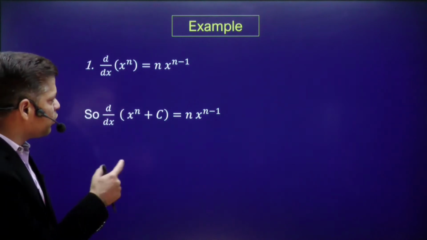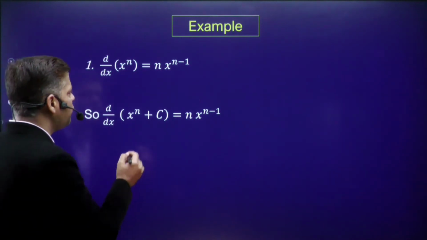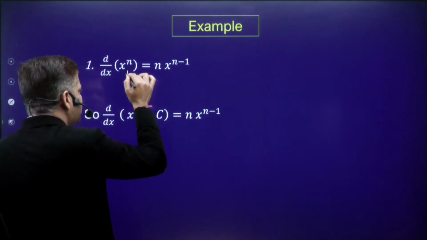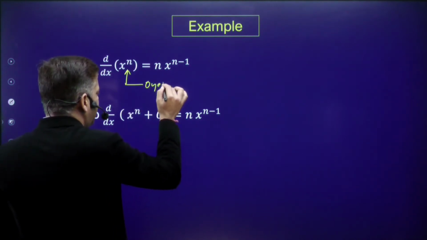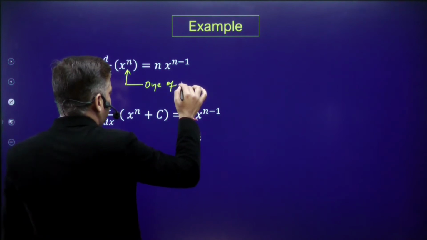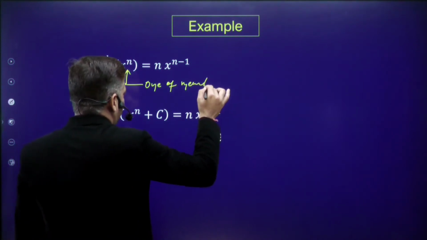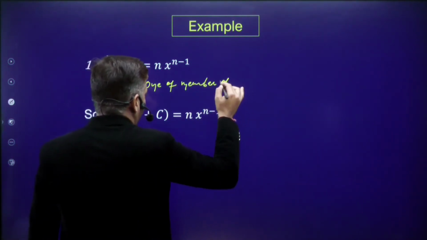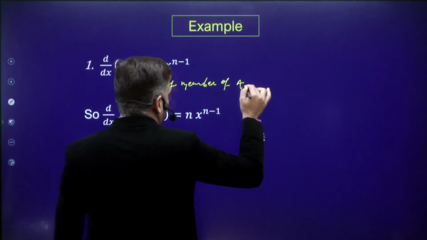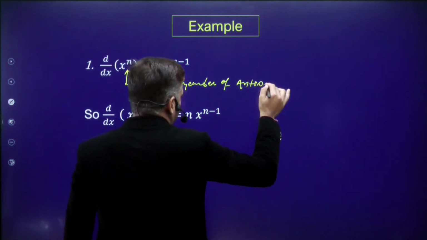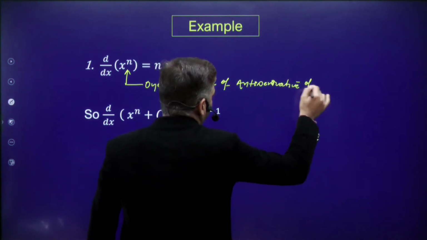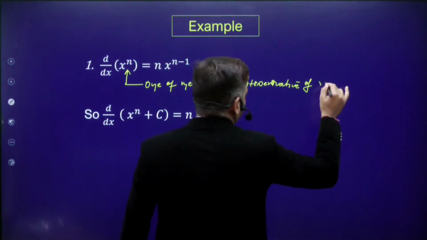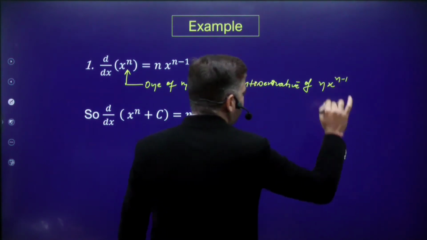So what do we conclude from that? We conclude that x raised to the power n is one of the members of the antiderivatives of n x raised to the power n minus 1.